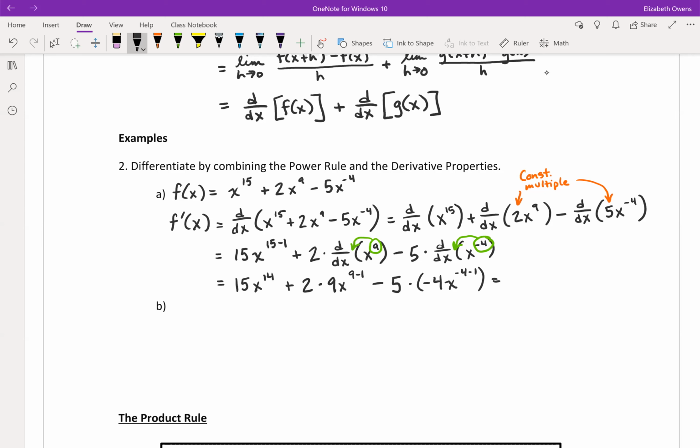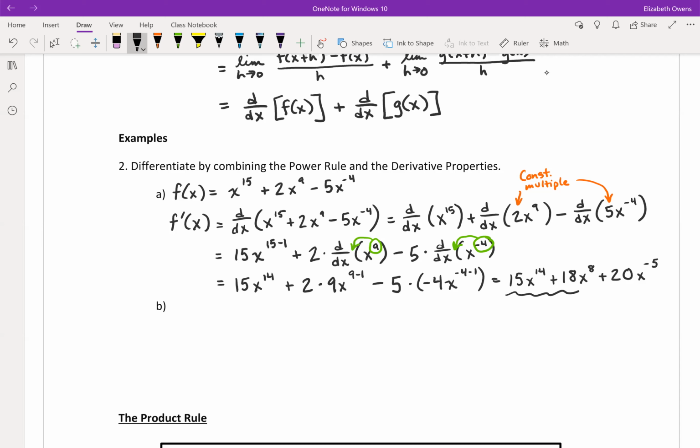And the last step is just to clean this up. So we have 15x to the 14th plus 18x to the 8th power. And then negative 5 times negative 4 would give us plus 20x to the negative 5th power.